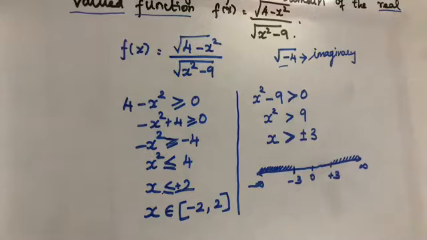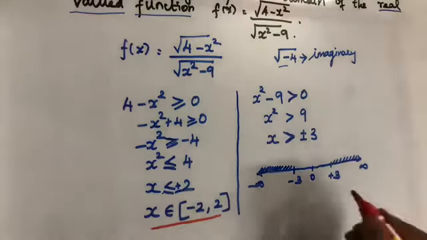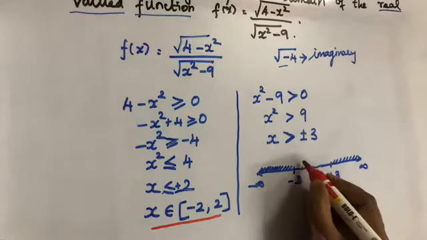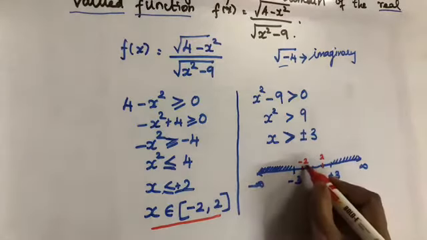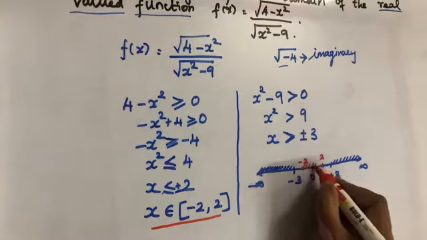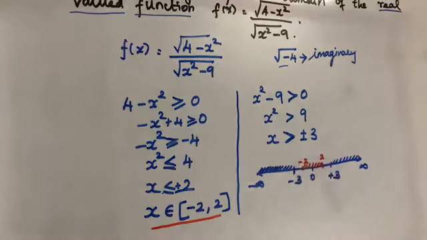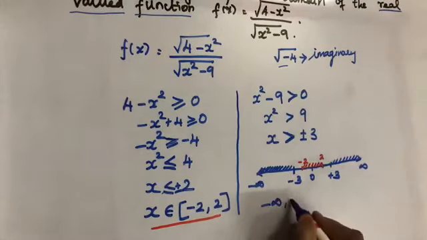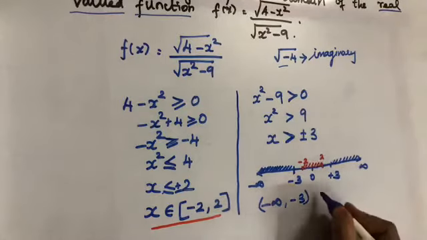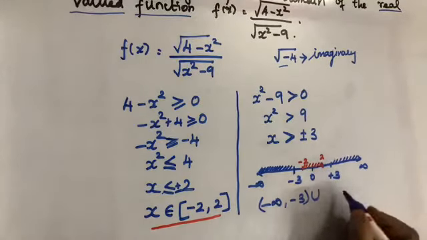Here x belongs to the closed interval minus 2 comma 2. So here as well, minus 2 and plus 2 here, between minus 2 and plus 2. So here minus infinity comma minus 3 open interval, union 3 comma infinity.